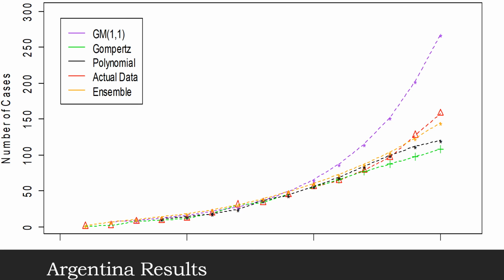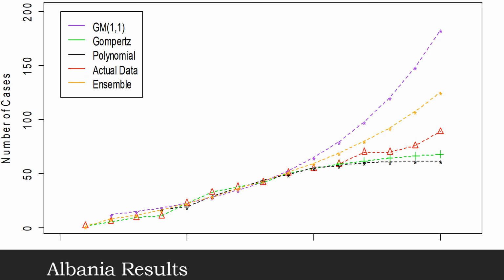Again, on the x-axis we've got the number of days, on the y-axis the number of cases. And here we've got the performance of the models against the Albanian dataset. On the x-axis again, we've got the number of days. On the y-axis, the number of cases.